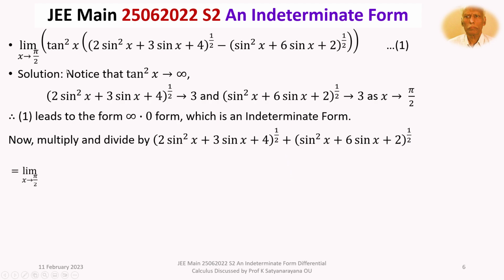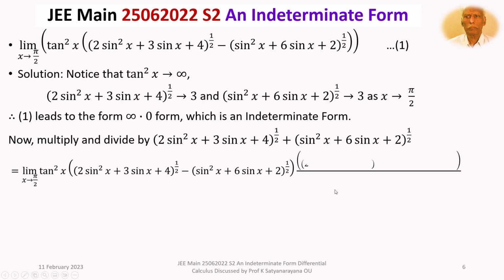Now in the numerator, this is a minus b into a plus b, which gives a square minus b square.